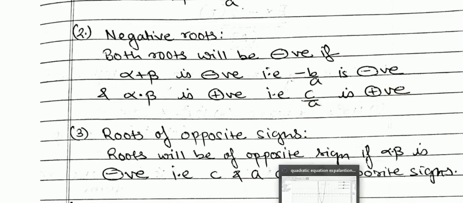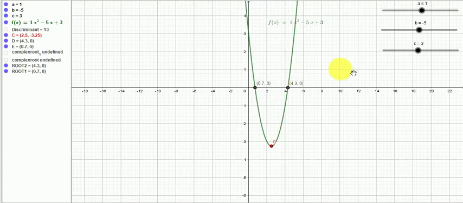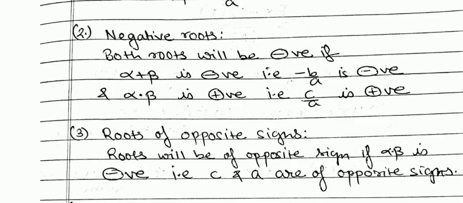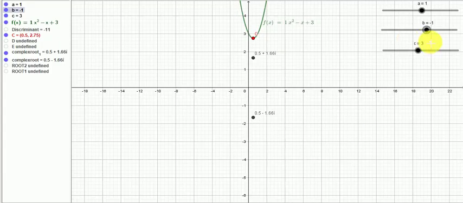So let us see. Here we should have negative and positive.